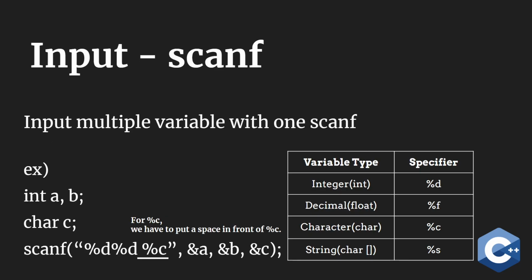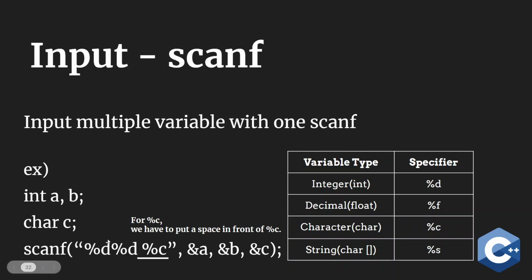And now we're gonna learn how to input multiple variables with one scanf. This works really similar to how we can print multiple variables in printf. So let's say we want to input three variables: two integers a, b, and one character c.